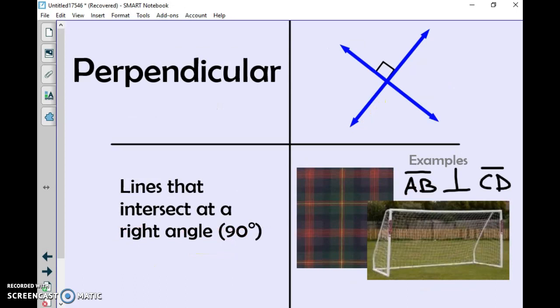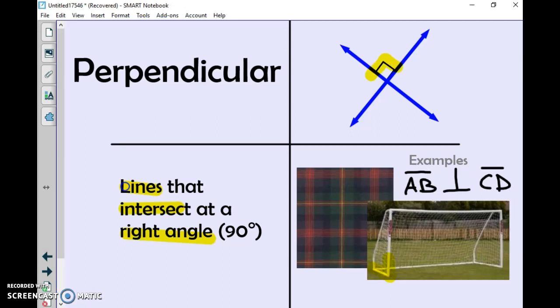Now our next one's going to be perpendicular. We had something like this on our assignment before. So this is a throwback to Algebra 1, but it's when lines intersect, but it's not just intersecting. They have to make a right angle. And you notice the perpendicular symbol right here at the top right.